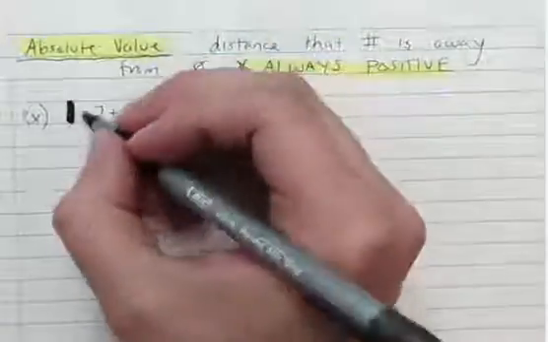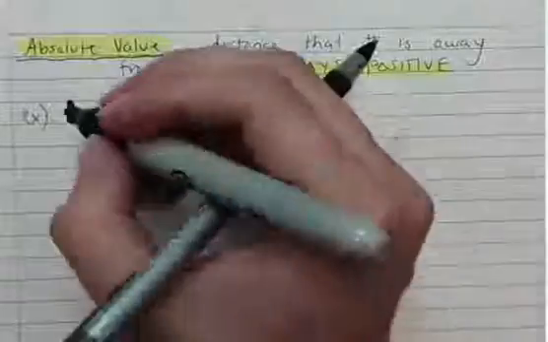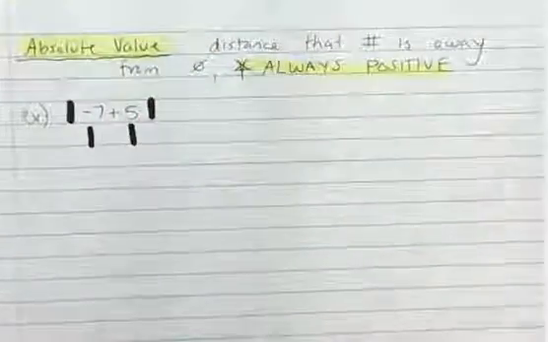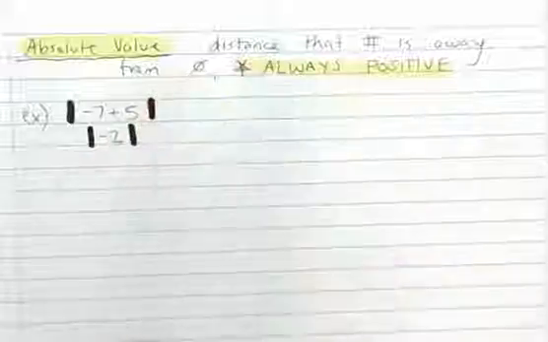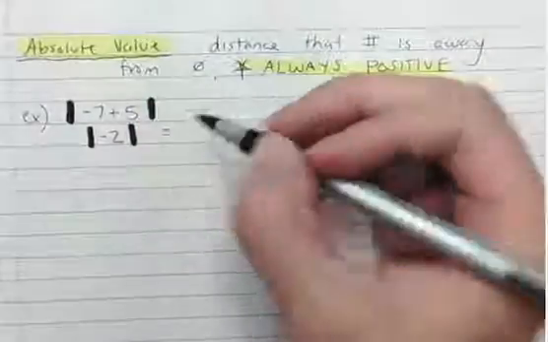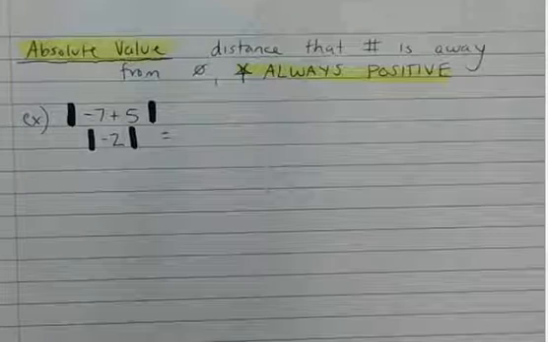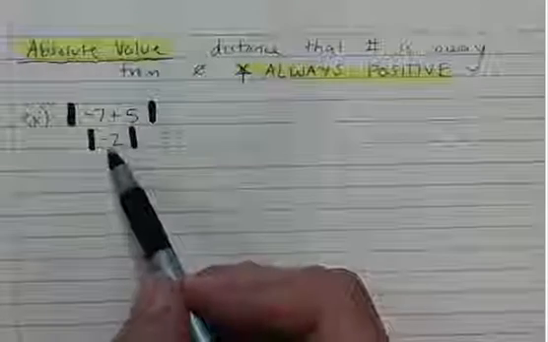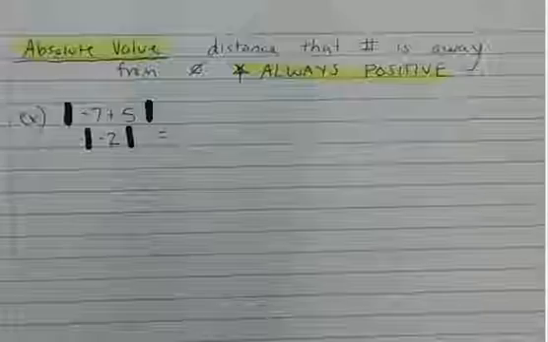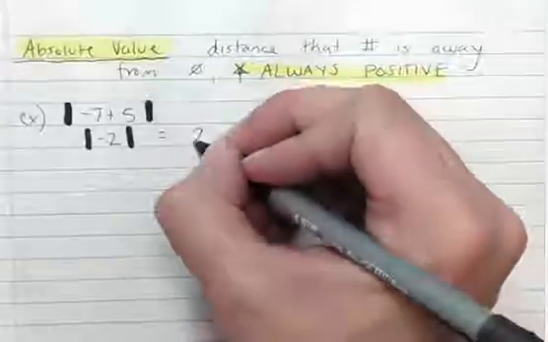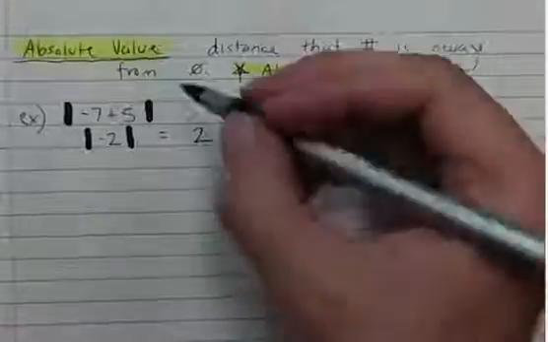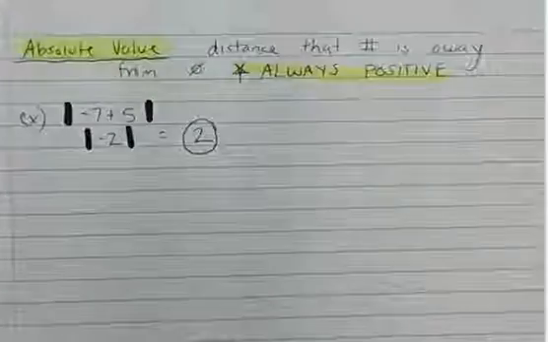So -7 plus 5 gives me the absolute value of -2. Once I simplified everything down to one number, you ask yourself this question: how many spaces away is -2 from 0? Well, it's 2 spaces away from 0, so 2 would be my answer.